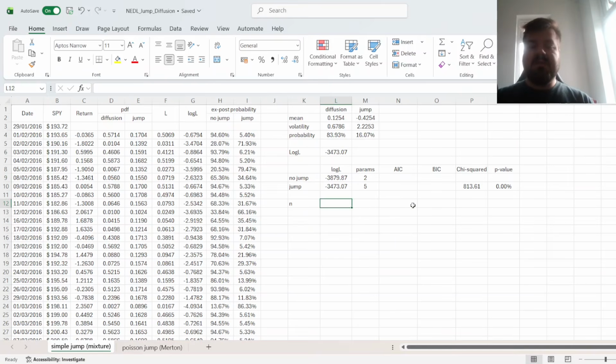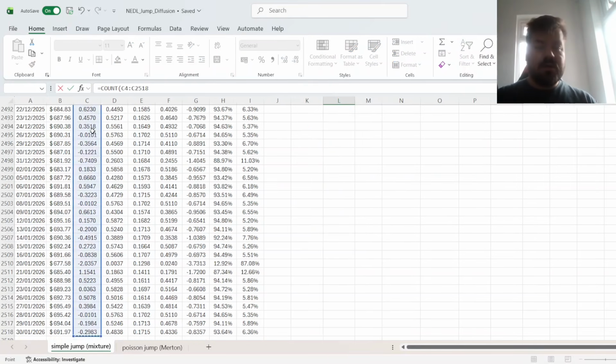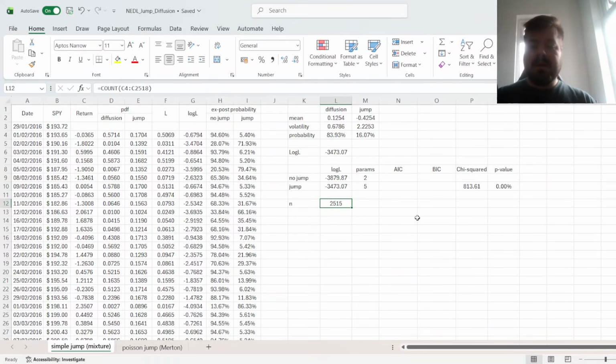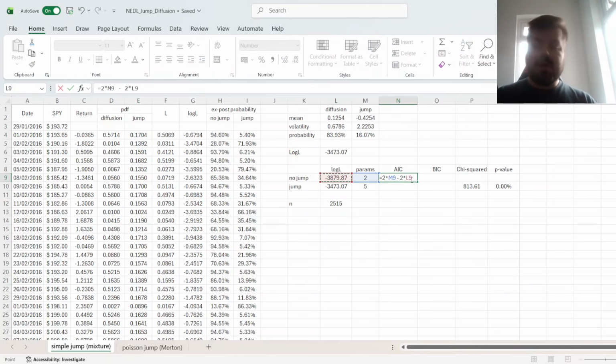Or we could use information criteria. For that we need to know the sample size, just the count of returns. And for the Akaike criterion, we penalize for the number of parameters and reward for log likelihood, so 2 times number of parameters minus 2 times log likelihood.